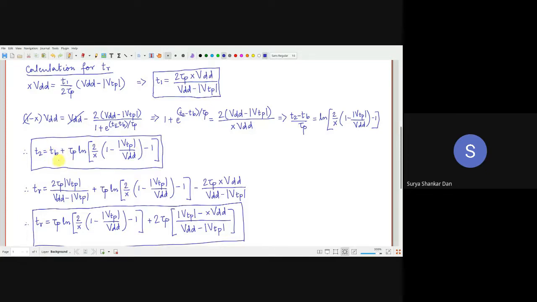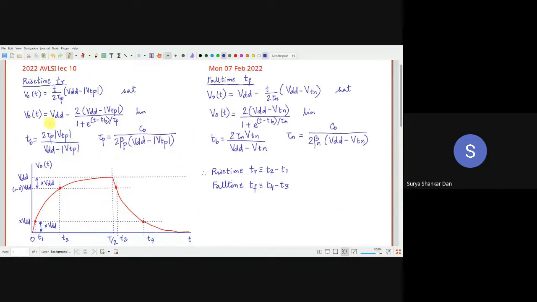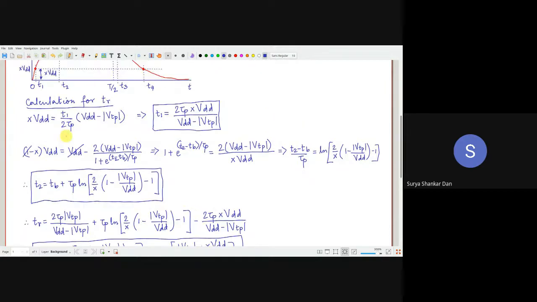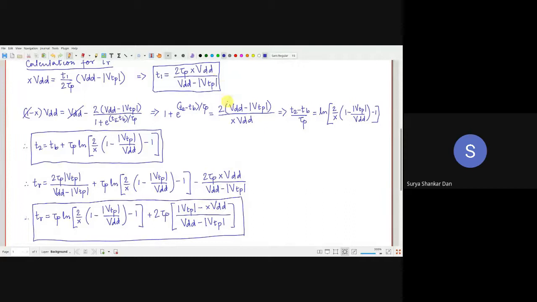The only thing is that instead of TB, I have replaced the value of TB with what we had already seen in our previous lectures. That is, TB is the instant at which the transistor moves from saturation to linear. I have just written that TB value over here, copied it, and here you notice this is minus T1. T1 is this expression over here, which I have again copied.